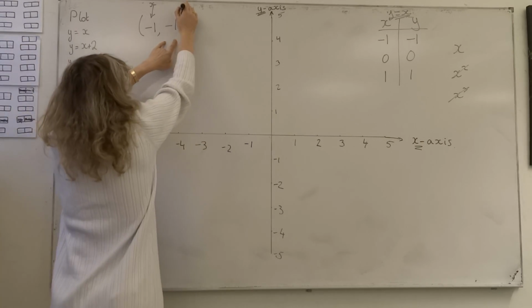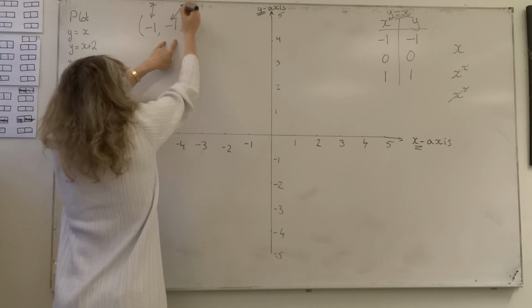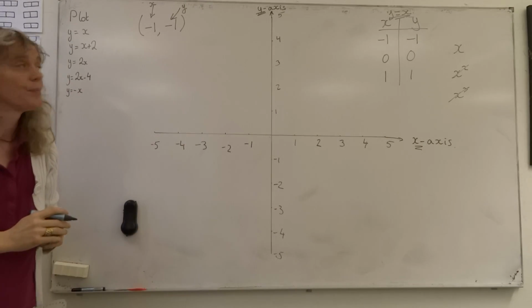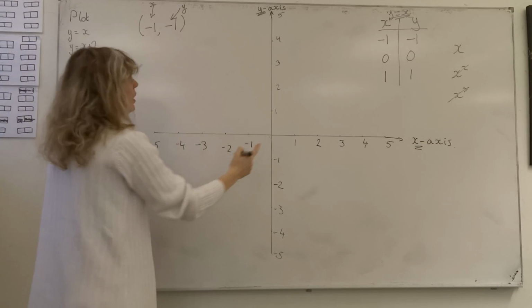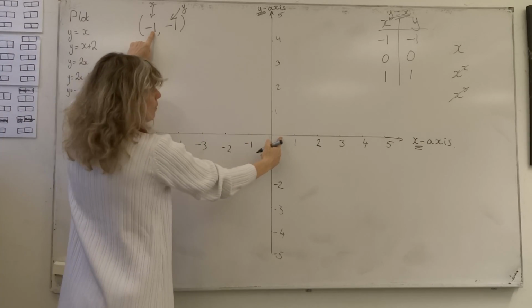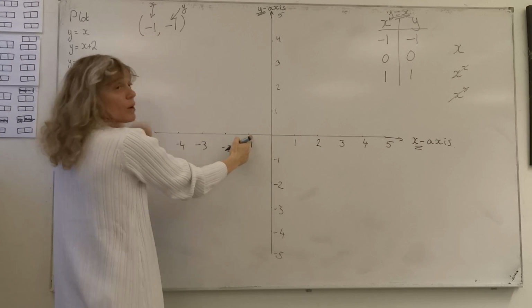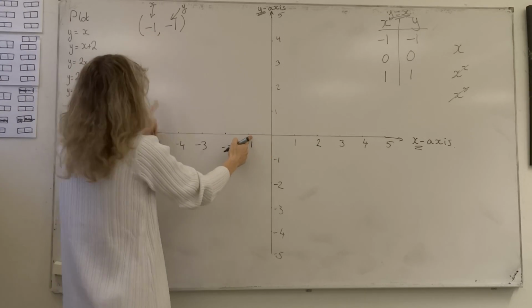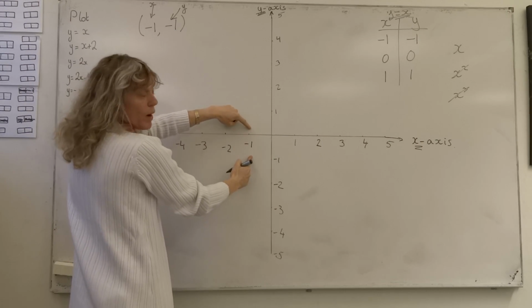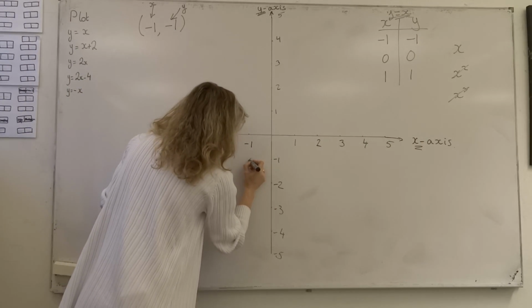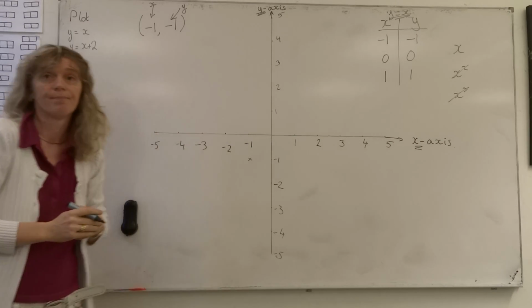The second number in a coordinate is always the y number. So I'm now going to plot the coordinate minus 1, minus 1. To plot the x coordinate minus 1, I go along minus 1 on the x scale. And then the y coordinate minus 1 means I go down minus 1 on my y scale. So I get my first point of my graph here.